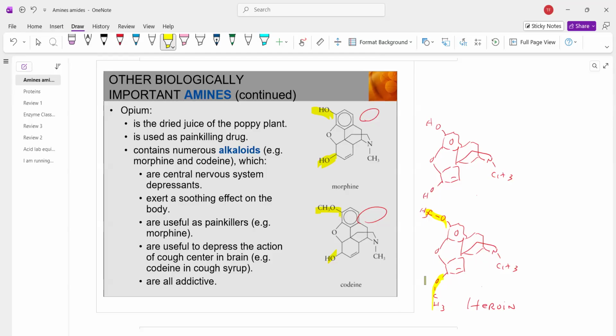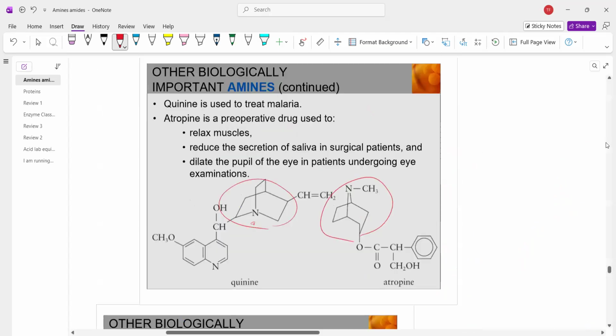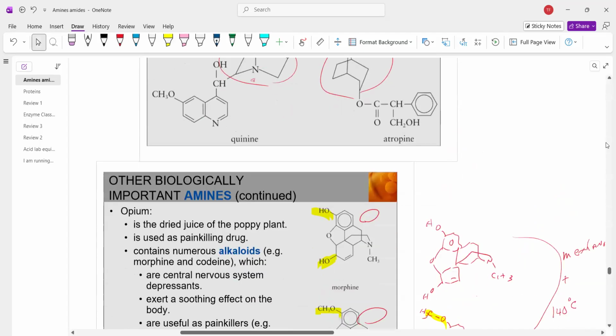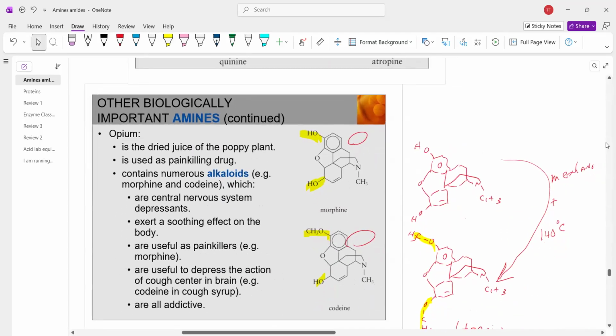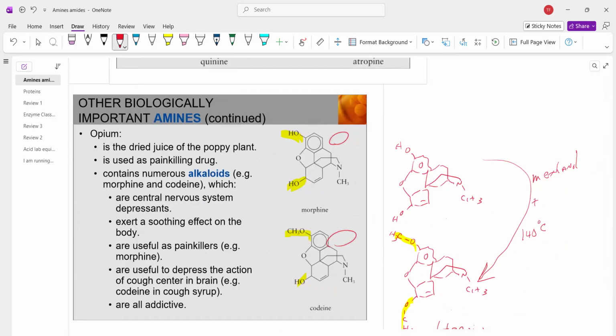But going from here to, oops, let's see here. So methanol at 140 degrees C will take you from morphine to heroin.